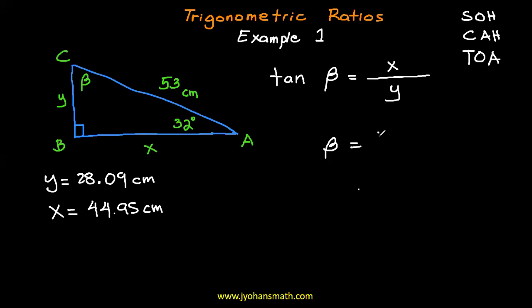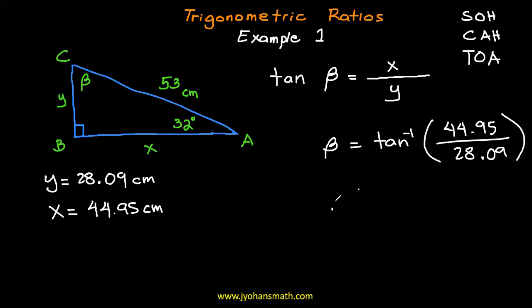So beta is equal to the inverse tangent of x over y, and x has a value of 44.95 centimeters all over 28.09 centimeters. And if we plug this in our calculator, so shift tangent 44.95 all over 28.09, this will give us 57, or we're going to have 58 degrees.